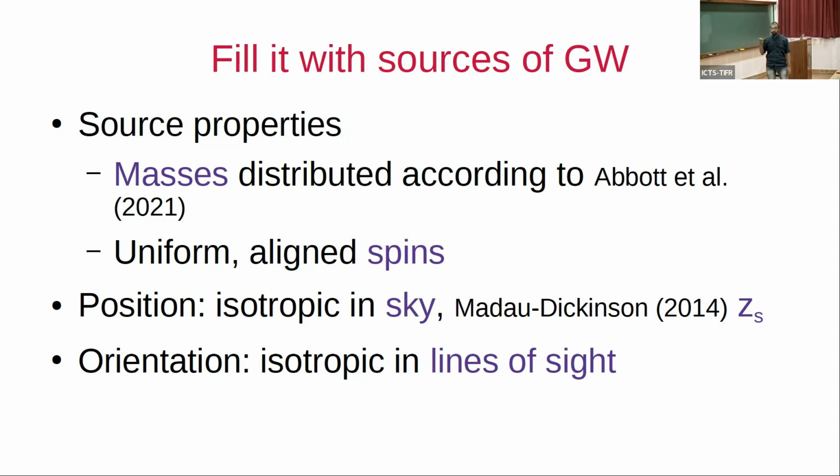We assign them uniform aligned spins, and their positions are isotropic in the sky, and their distances, for which the proxy is the source redshift, ZS, is taken from this paper. And these binaries have orientations. We are assuming them to be isotropic in lines of sight.